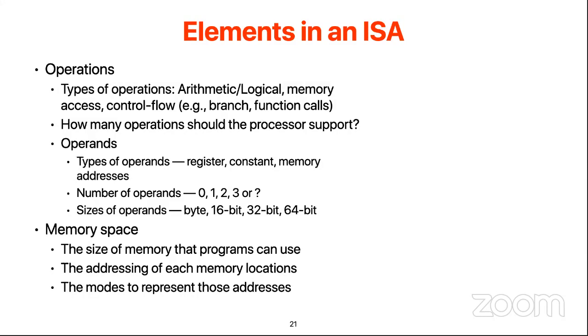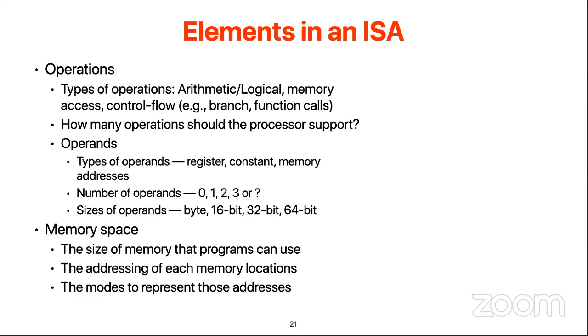So let's say for an instruction in instruction set architecture, in general, what do we contain? So the instruction set architecture, as I said, is an abstraction of von Neumann architecture. So it must expose the features of your processor, including the processor operations and the memory. So it defines what type of operations your processor should support.